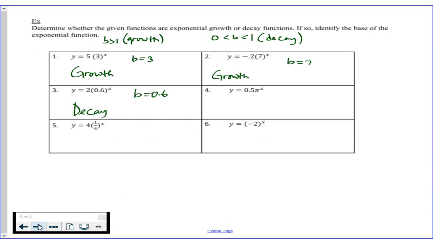So this is a decay function. Number 4, growth or decay? Exactly. So this is growth because b is pi, which is 3.14, greater than 1.